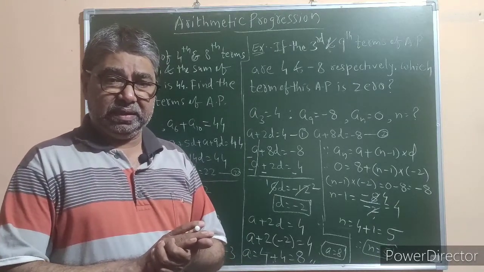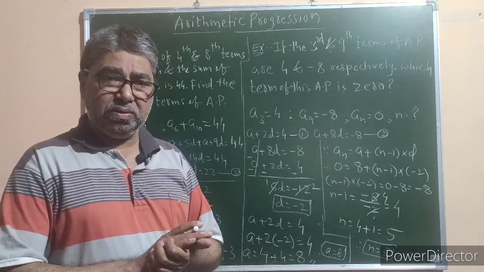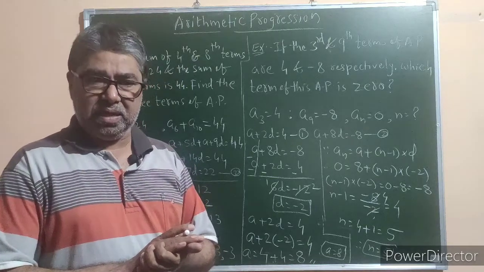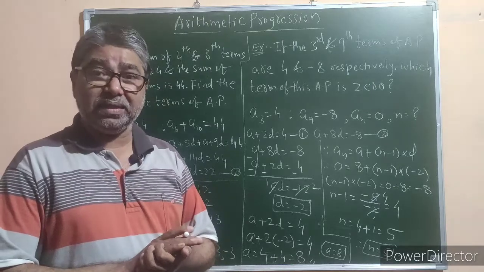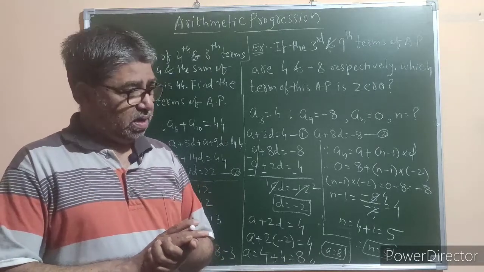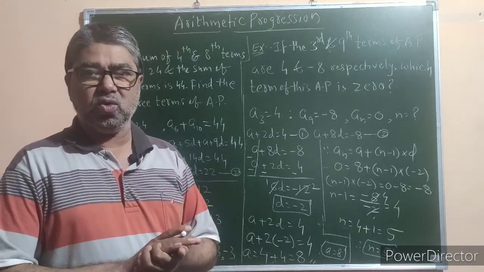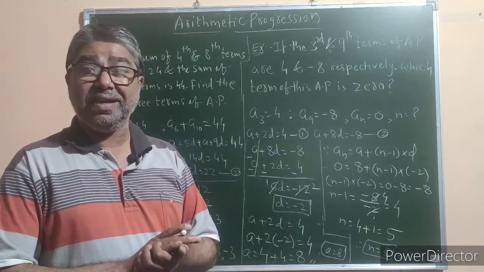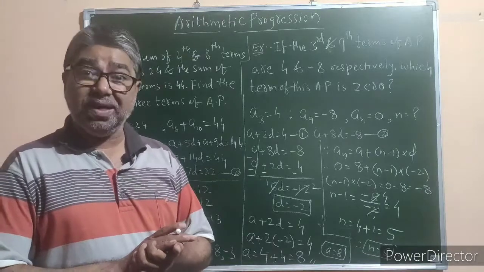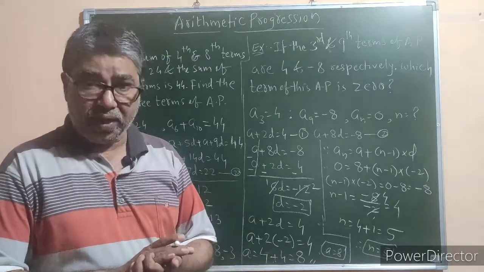I request you to please practice them, so as to get yourself perfect in these examples. Another two examples I will be solving, and later we shift on to the Sn formula, that is the sum of n terms in arithmetic progression.